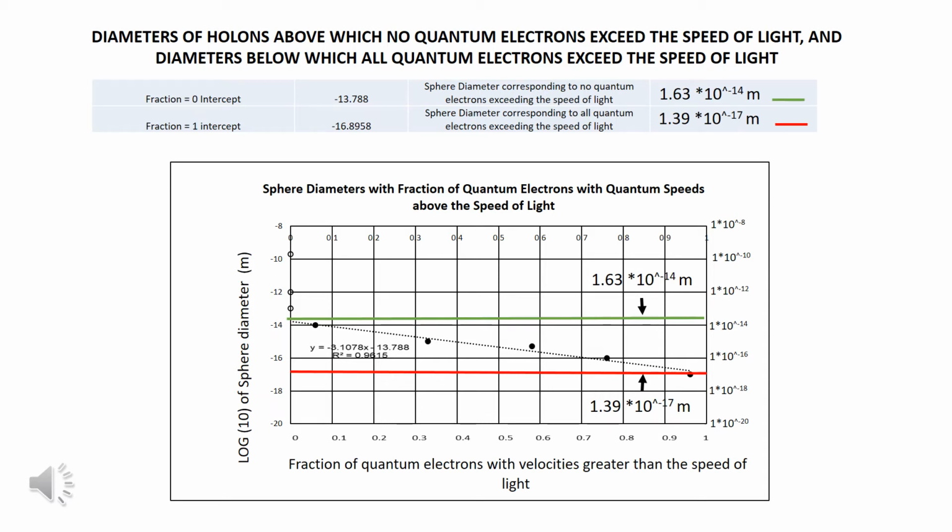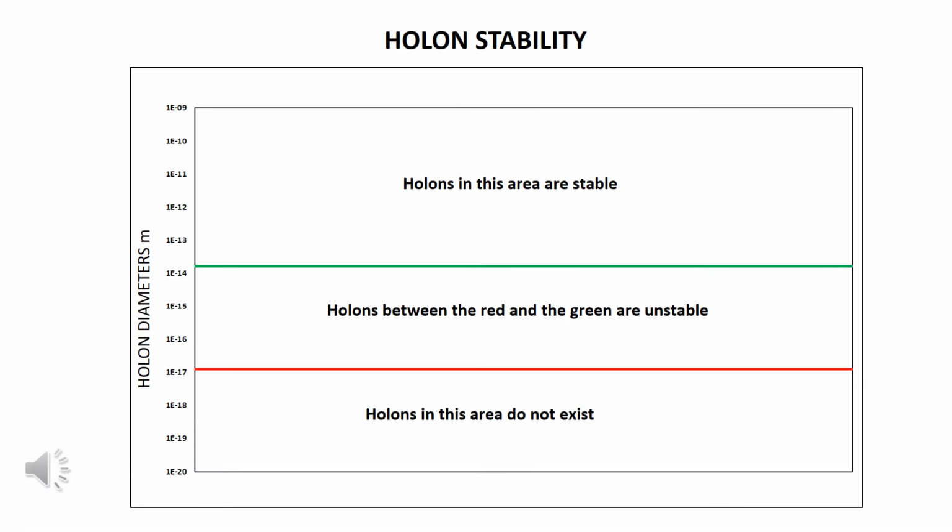And holons with extensions below 1.39 times 10 to the minus 17 meters do not exist because they have no quantum processes with which they can build boundaries that define their existence. So, above the green line, holons are stable. Below the red line, no holons exist. And between the two, we have holons that are unstable.